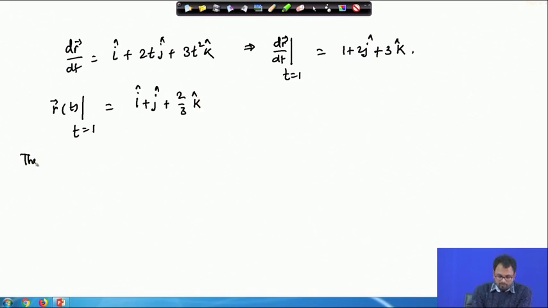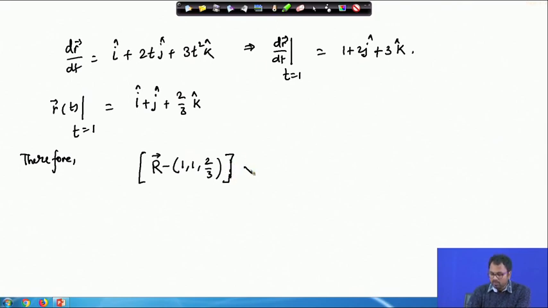Therefore, the required vector equation will be capital R minus the vector (1, 1, 2/3), cross product with dr/dt. So, dr/dt is (1, 2, 3), equals a 0 vector.